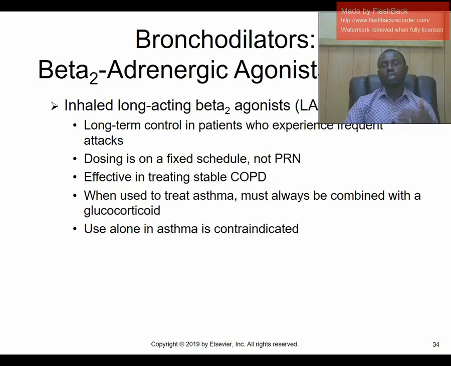It is contraindicated for a provider to prescribe or use beta-2 adrenergic agonists, which are long-acting, as a maintenance drug without any form of glucocorticoids added to it.